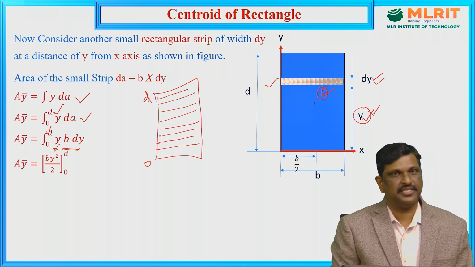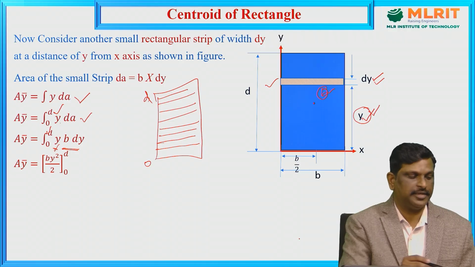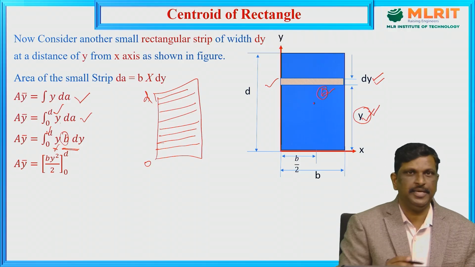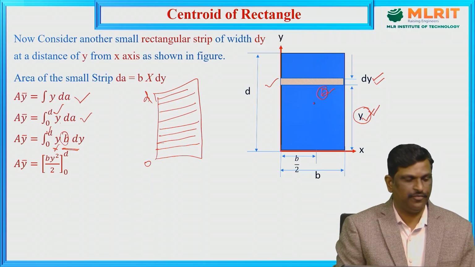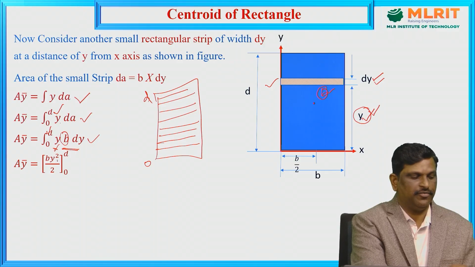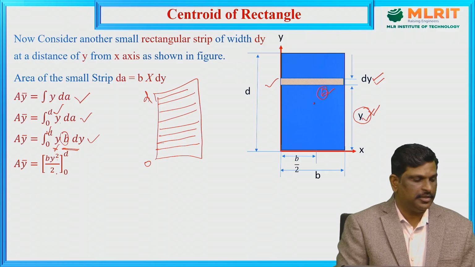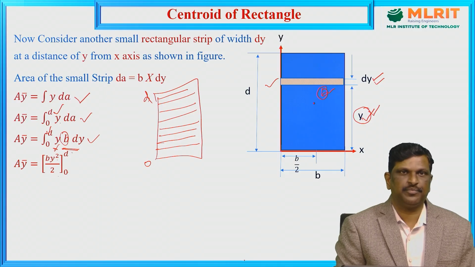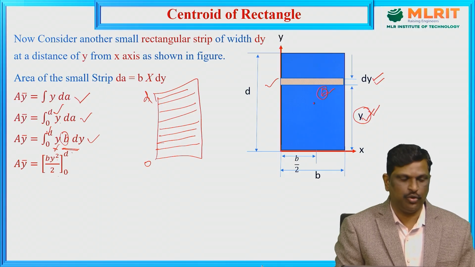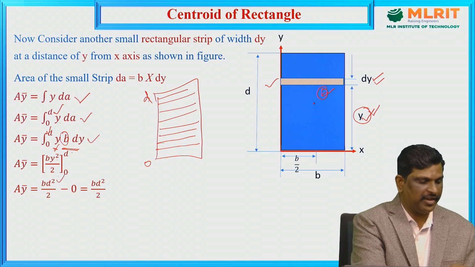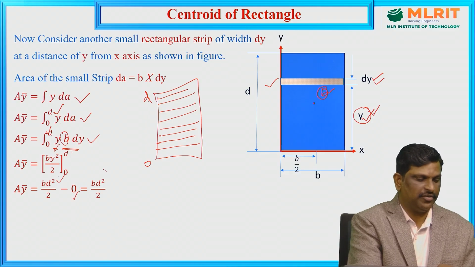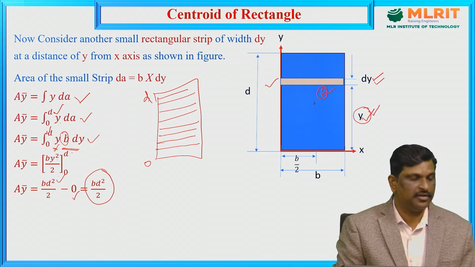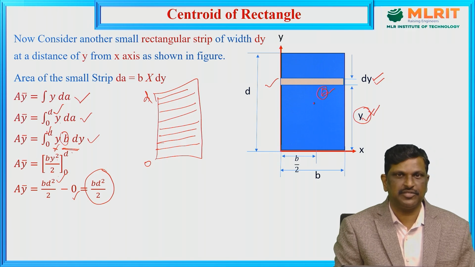A y bar is equal to, here in the integration b is constant and y dy integration is y square by 2. b into y square by 2, 0 to d. Now substitute the upper and lower limits. A y bar is equal to b d square by 2 minus 0. The final expression for A y bar is b d square by 2.